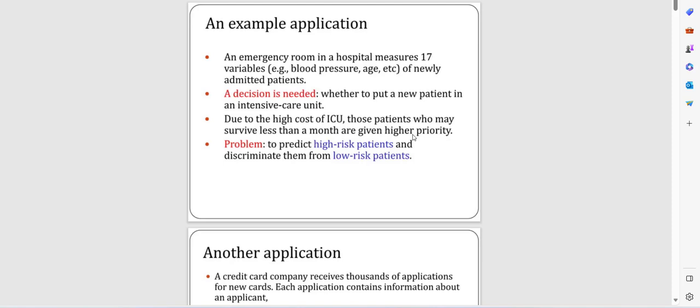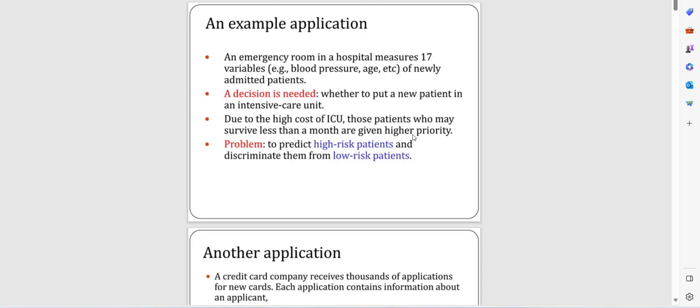So there's an emergency hospital, and we have different variables like blood pressure, age, sugar level, and a lot of other features. So we have to classify these patients between high risk and low risk patients.